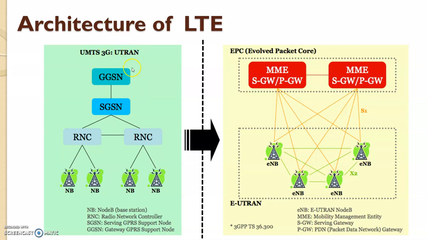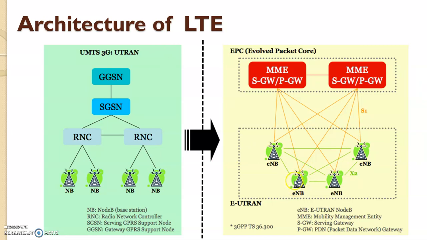Let us see detail about E-UTRAN. The architecture of the evolved UMTS terrestrial radio access network has been illustrated in this diagram on the screen. The E-UTRAN handles radio communication between the mobile and the evolved packet core and has just one component, the evolved base station called eNode B, also referred to as eNB.